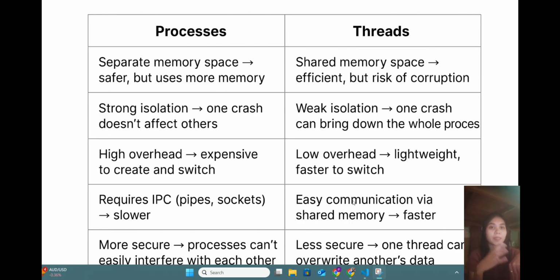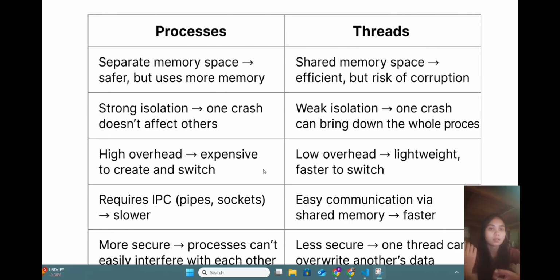For isolation, if one process fails, well, others continue. But when we talk about threads, if one thread fails, it may bring down the whole process. So in terms of overhead, processes are heavier for the operating system to manage. Meanwhile, yung threads, they are lightweight and more efficient.